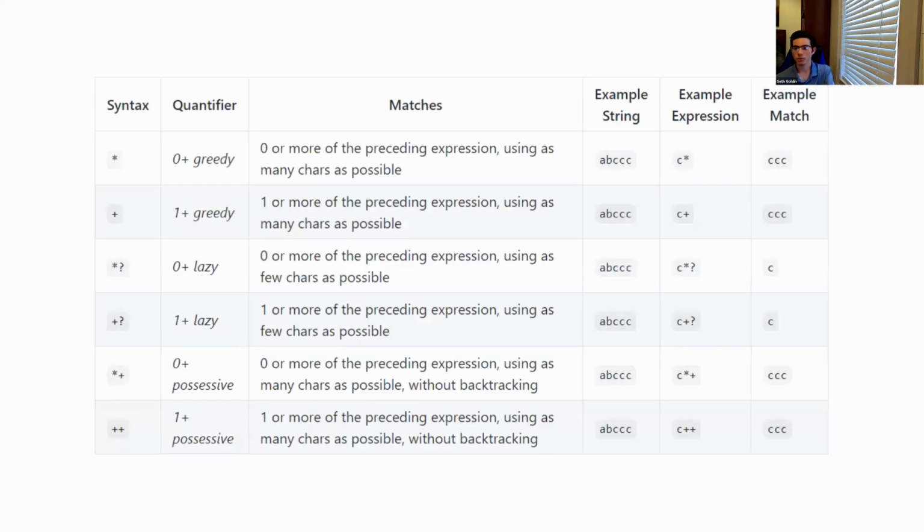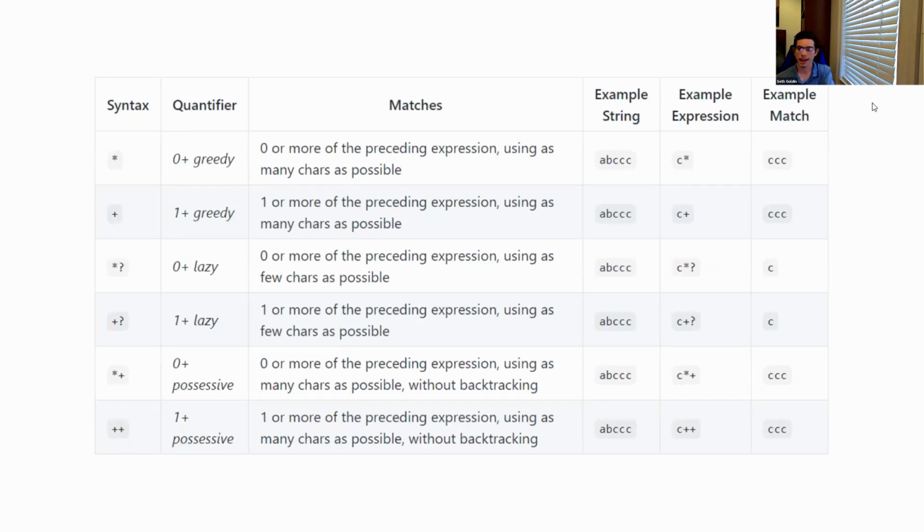Okay, these are really important, which is this concept of greedy and lazy quantifiers. By default, regex quantifiers are greedy, which means they match as much as possible. But you can add a question mark to that to make it lazy, which essentially makes it match as few characters as possible.